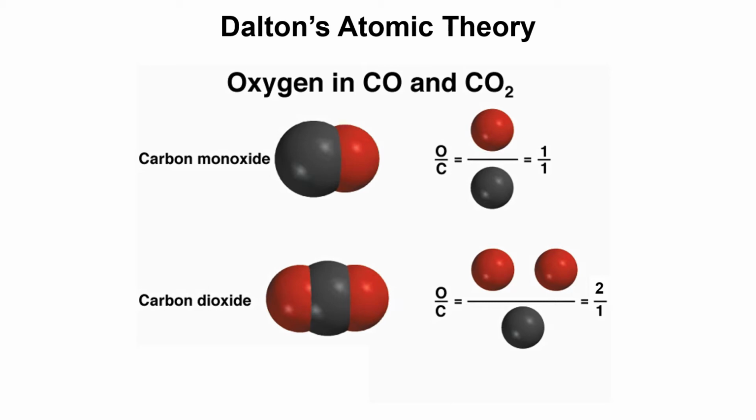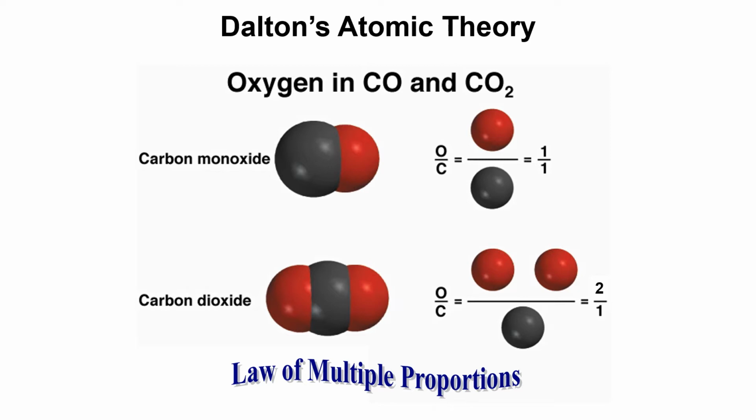This comes from what's called the law of multiple proportions. And this is the founding argument for Dalton's third statement in his atomic theory, and that is that the ratio of the numbers of atoms is either an integer or simple fraction with respect to composition.